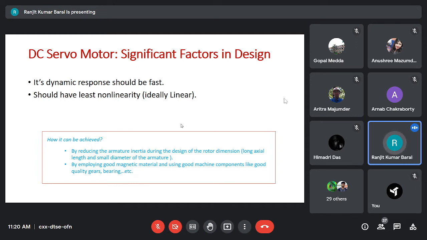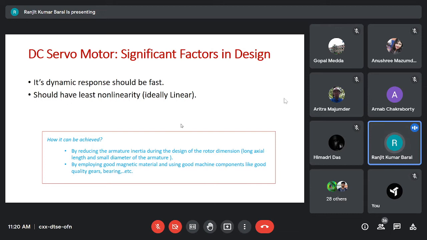Now regarding the first point, that is faster operation. What do we require for faster operation? Because it's a dynamic system, it has some time constant. You already studied the theoretical, physics-based modeling of a DC servo motor in system theory.